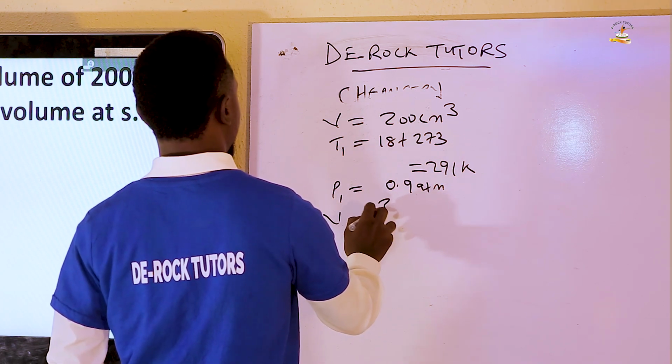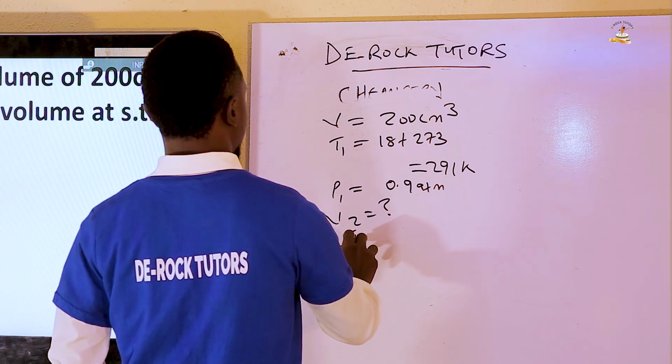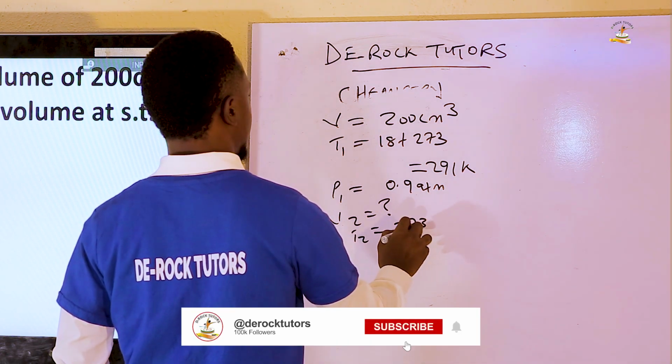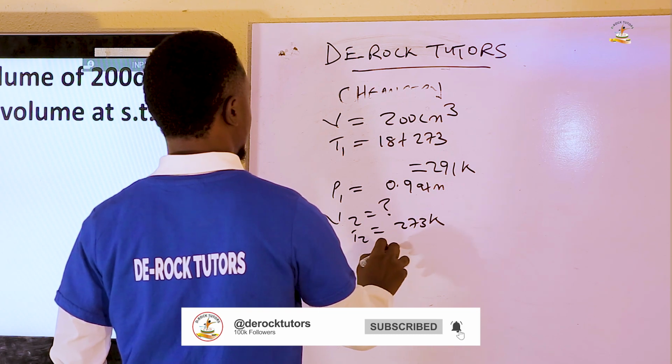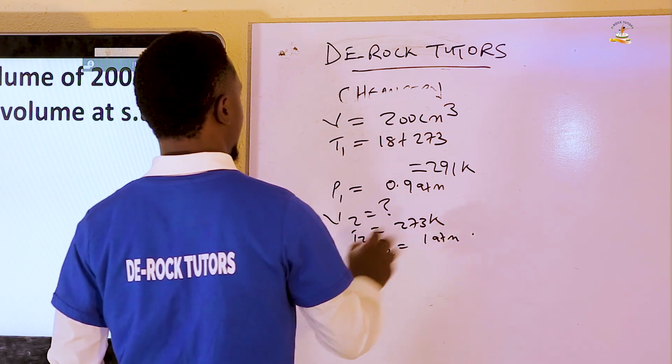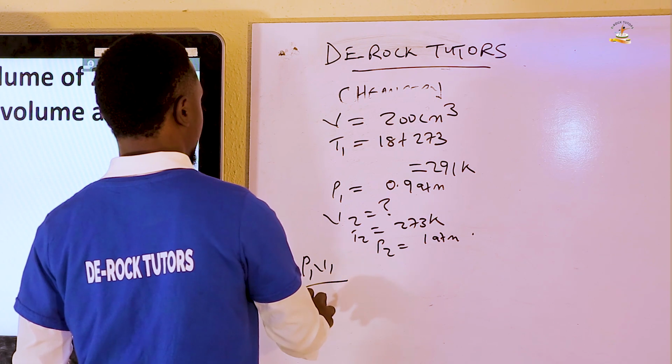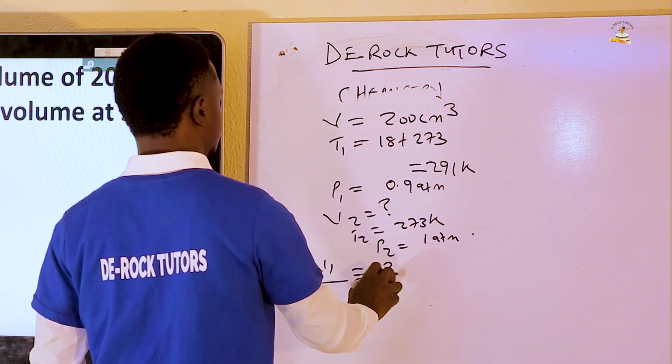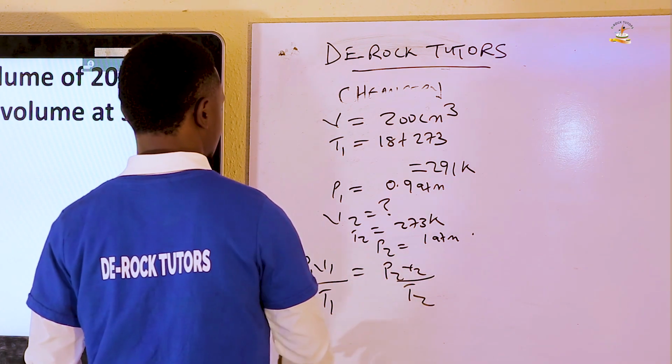The volume at STP, T2 273 Kelvin, and P2 1 atm will be, using P1 V1 over T1 equals P2 V2 over T2.